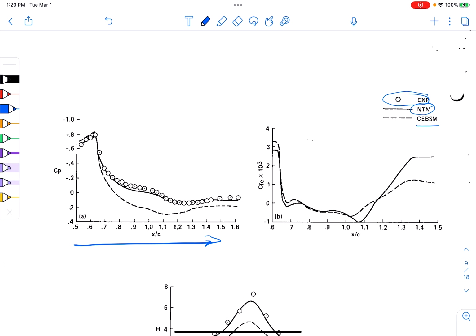Cebeci-Smith has a way under-prediction of the coefficient of pressure on the body. And so this would be the shock location. And you see, because they've done it properly as aerospace engineers, they made CP go negative in the positive direction, which is typical for airfoils in these types of experiments. So there's a shock. You know it's a shock because pressure is increasing, right?